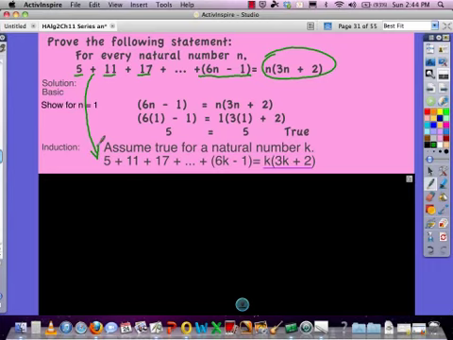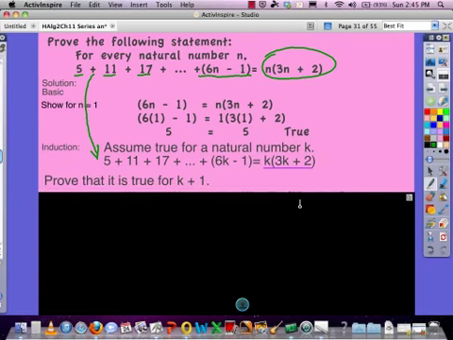So we still have 5 plus 11 plus 17 plus dot, dot, dot, standing for all those other terms. But when we're generating, we're doing 6k minus 1 rather than the n. And on the end sum statement, we're saying k times the quantity 3k plus 2. And I've underlined that k times the quantity 3k plus 2 because that will come into play as we work forward. So we're assuming it's true for that.